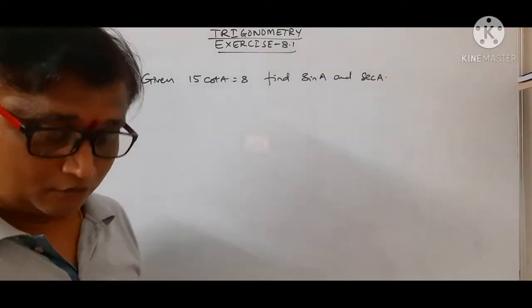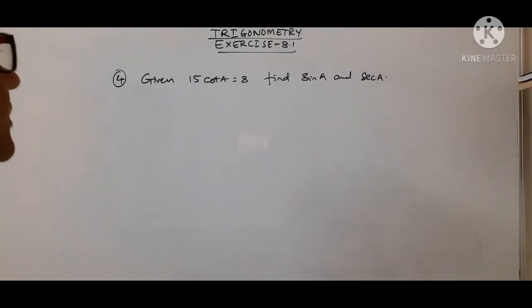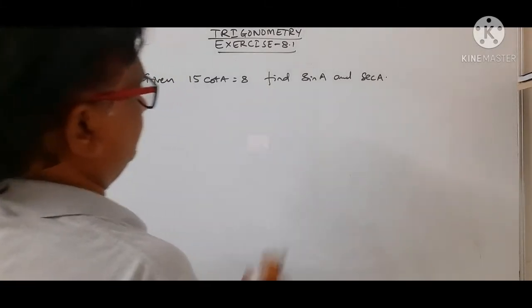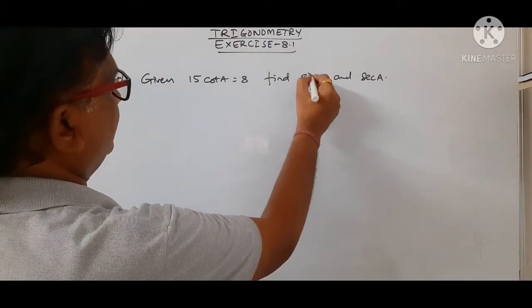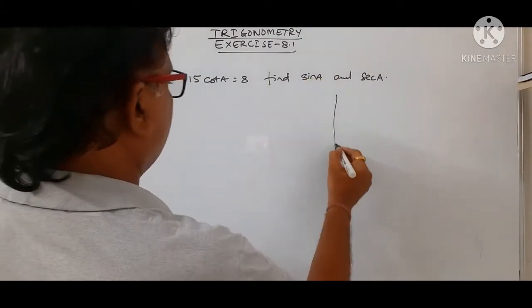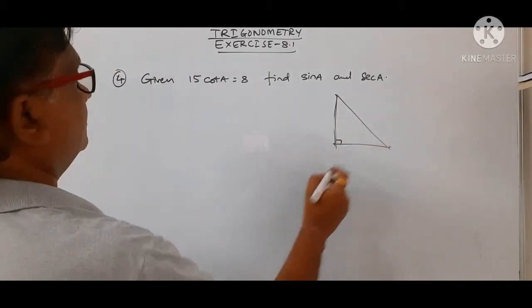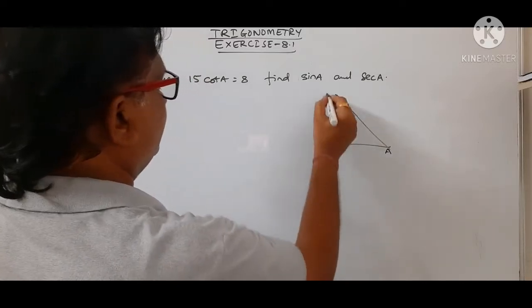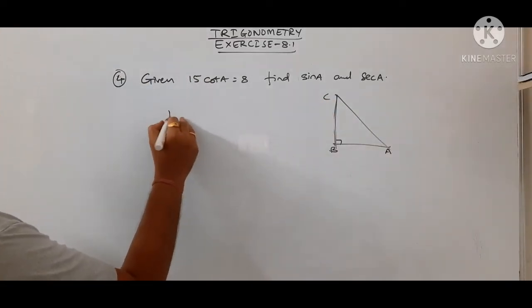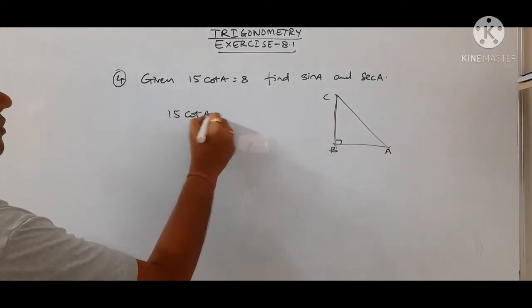In question number 4, they are asking, given 15 cot A equal to 8, find sin A and secant A. First, draw the triangle like this. So A is here, B and C. So first of all, 15 cot A equal to 8.